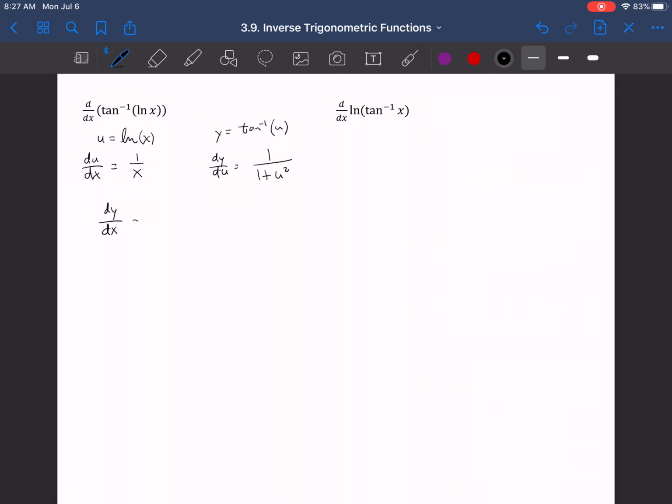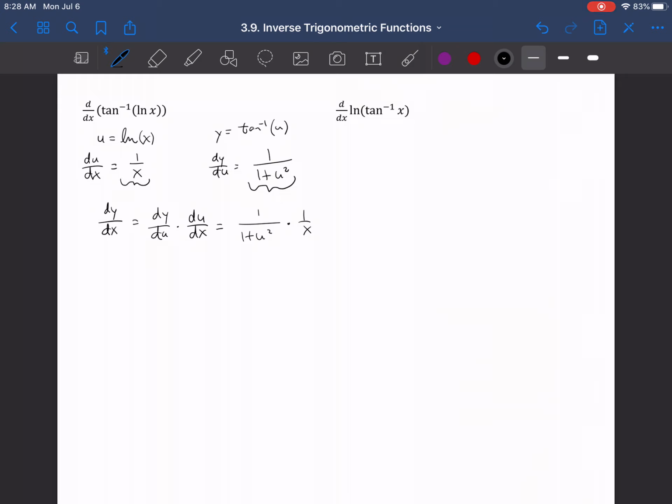And that equals dy du times du dx. That is equal to those two things. So then we get 1 over 1 plus u squared times 1 over x. Okay, that was this times this.